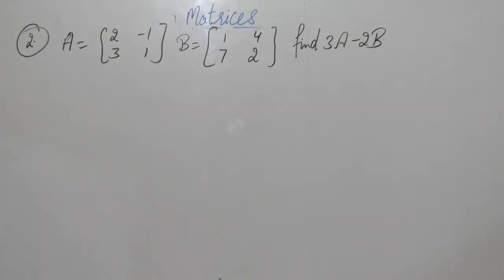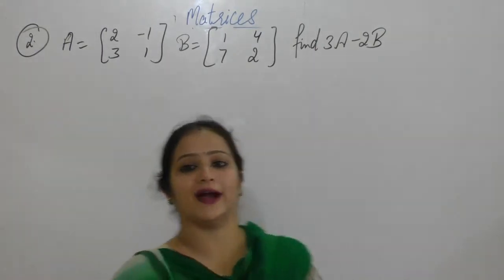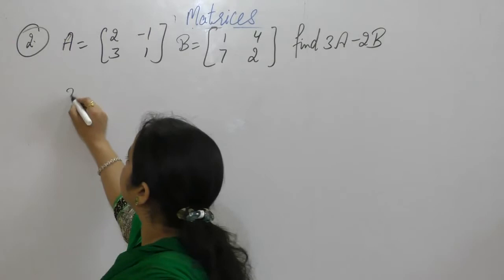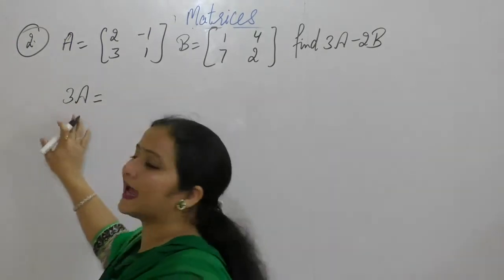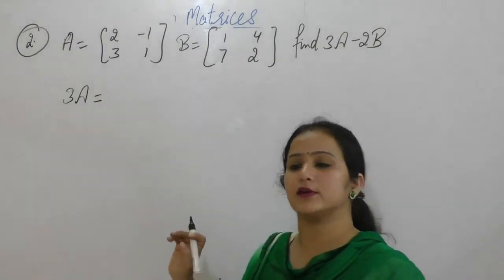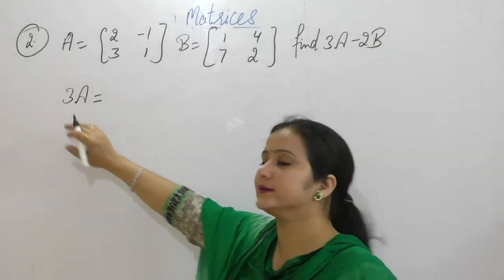First, what do we want to find? 3A. 3A means multiply all the elements of matrix A by 3.